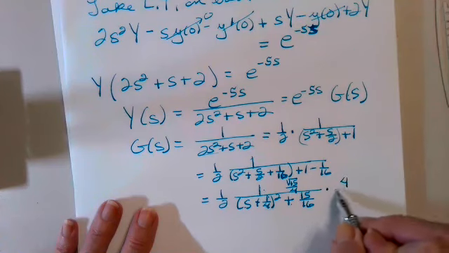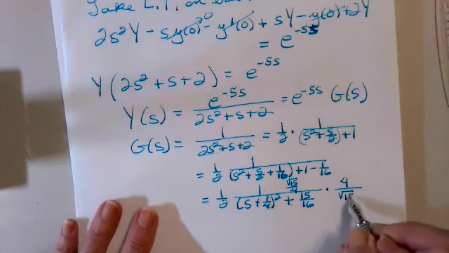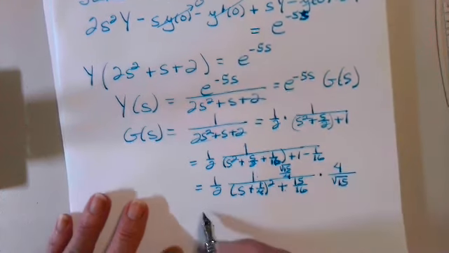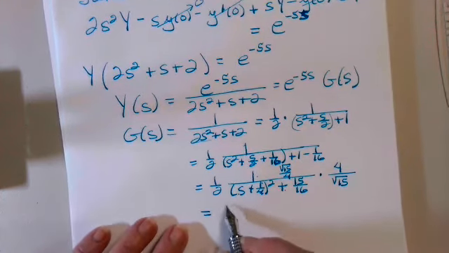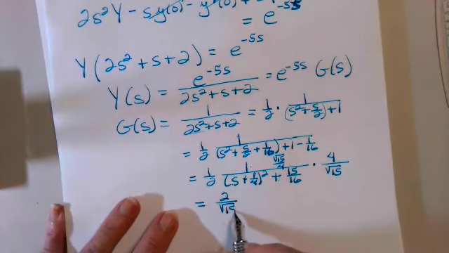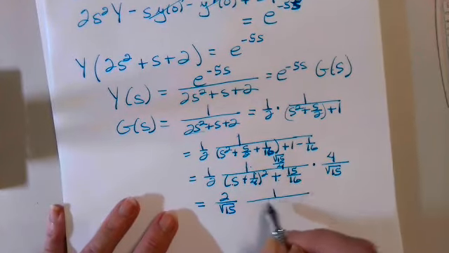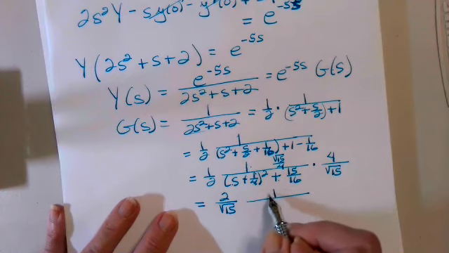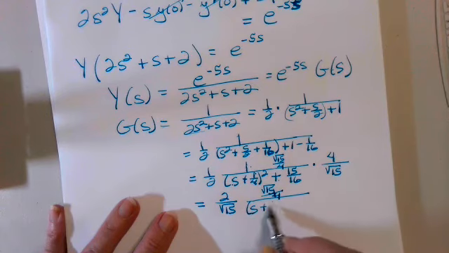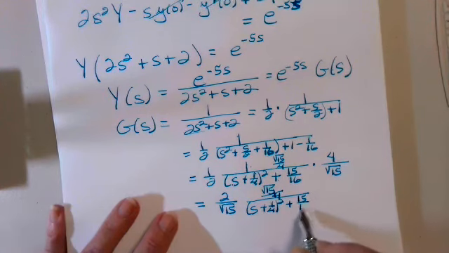So I better multiply by the constant 4 over the square root of 15 to compensate for that. So now I have 2 over the square root of 15, putting my constants together. Whoops, sorry, that's not a 1. It's the square root of 15 over 4, over s plus 1/4 squared plus 15/16.